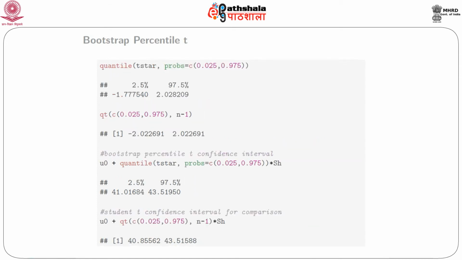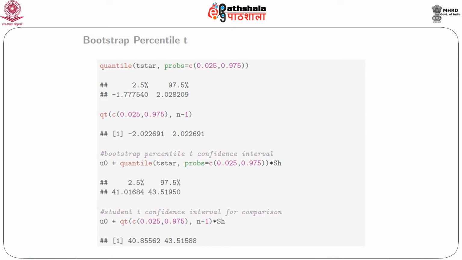Then we can use quantile t star with probabilities 0.025 and 0.975 to obtain the quantiles from the bootstrap percentile t, and the quantiles come out to be minus 1.945 and 0.0547.